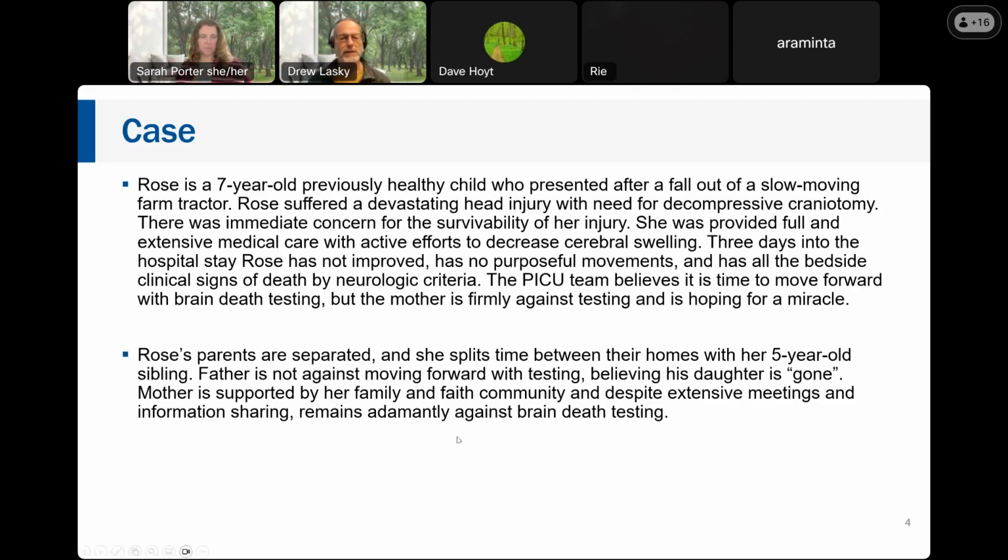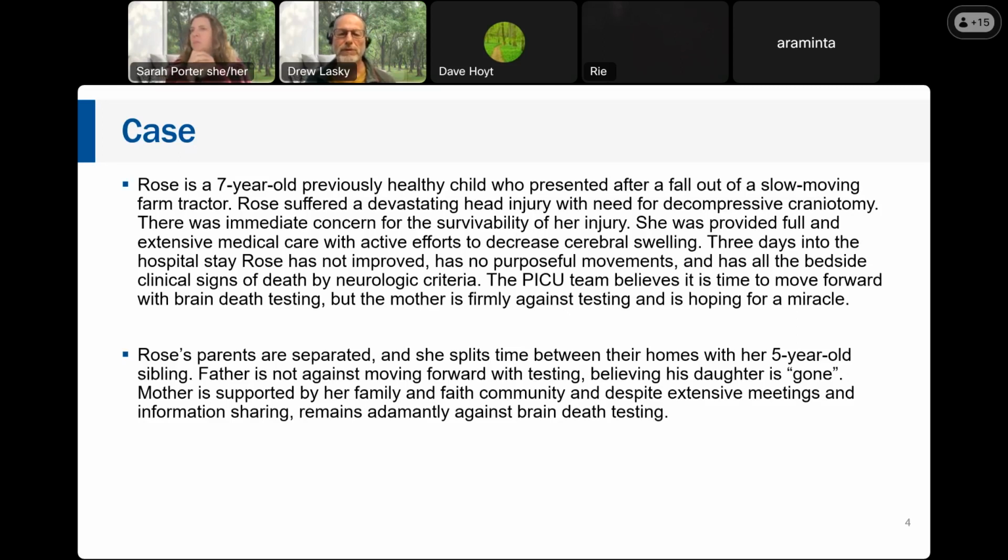So our case, Rose is a 7-year-old previously healthy child who presented after falling out of a slow-moving farm tractor. She suffered a devastating head injury with a need for a decompressive craniotomy. There was immediate concern for the survivability of her injury.